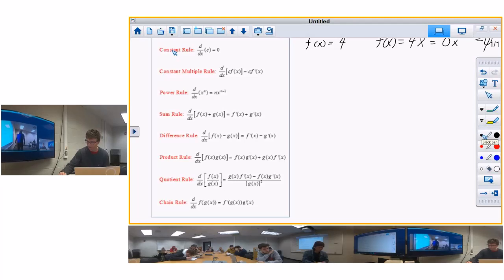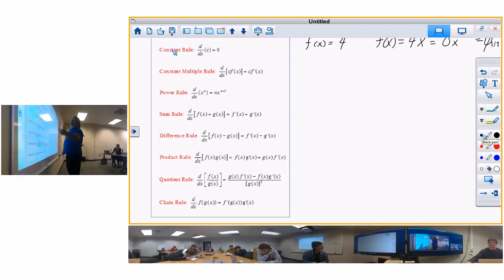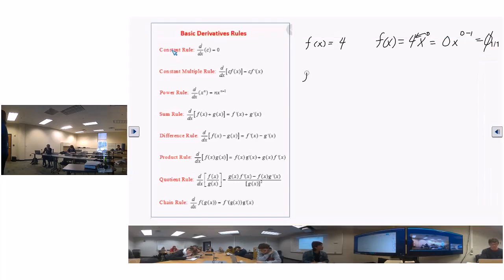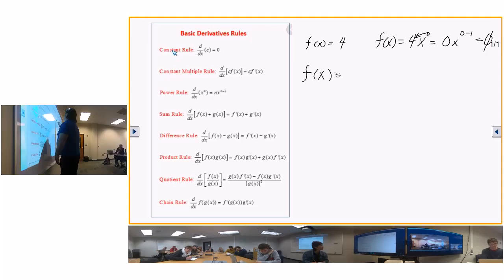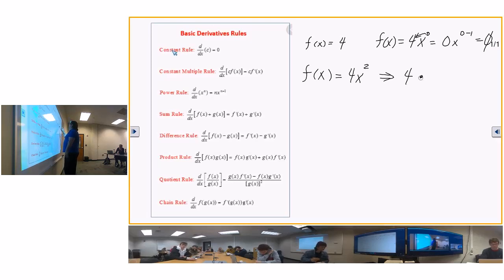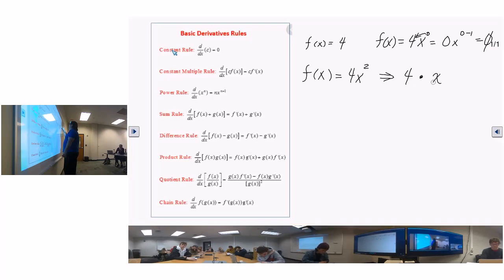The constant multiple rule says that if you have a constant, you can pull that constant out. F of x is equal to 4x squared, and I can say 4 times the derivative of x squared.